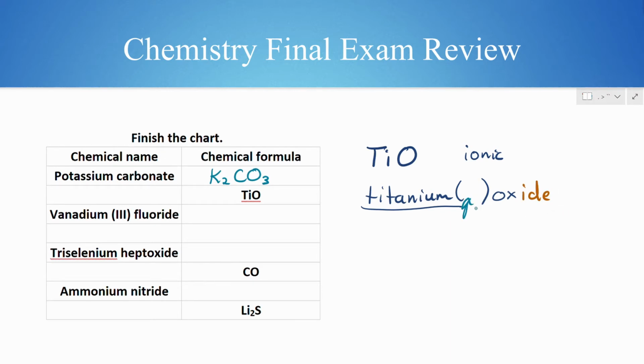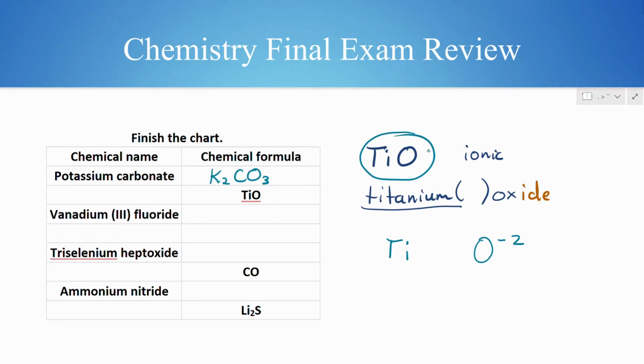Now our next step is to write the charge in Roman numerals of the titanium ion. So in this case, we know that oxygen has a negative 2 charge, and we have some charge for titanium. Now in its entirety, we have titanium and oxygen as a neutral compound. There's no charge.